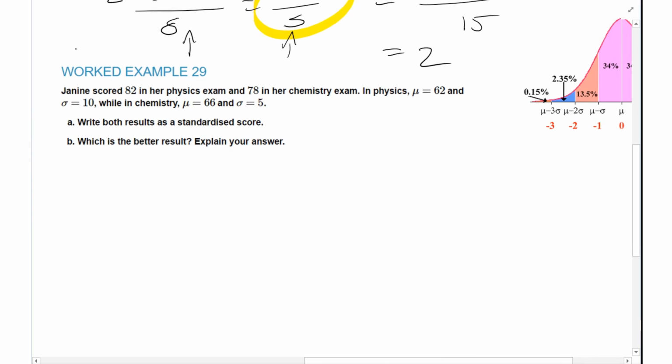So Janine scored 82 in her physics and 78 in her chemistry. In physics, the mean was 62 with a standard deviation of 10. Chemistry, 66 and 5. So let's look at the results. Let's write physics first, and chemistry.